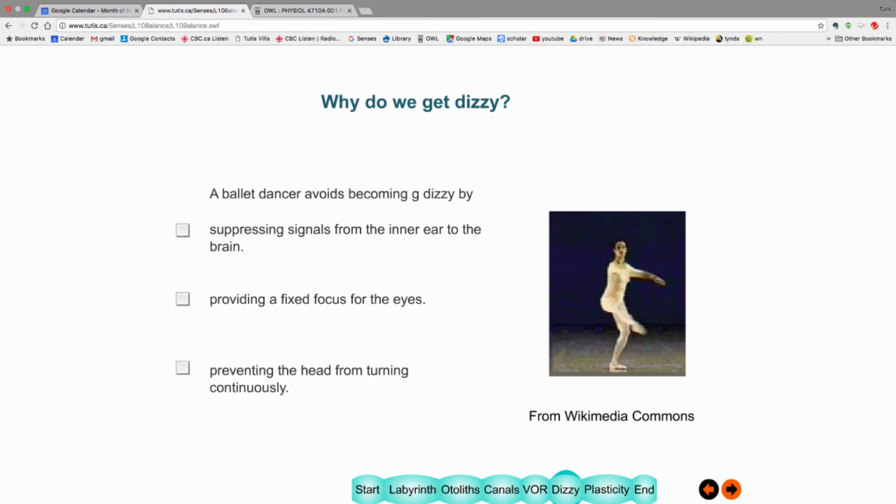Now, this ballet dancer is trying to avoid becoming dizzy. Now, how is this ballet dancer doing? Okay, again, raise your hands if you think it's by suppressing signals coming from the inner ear or the vestibular system. No hands raised.